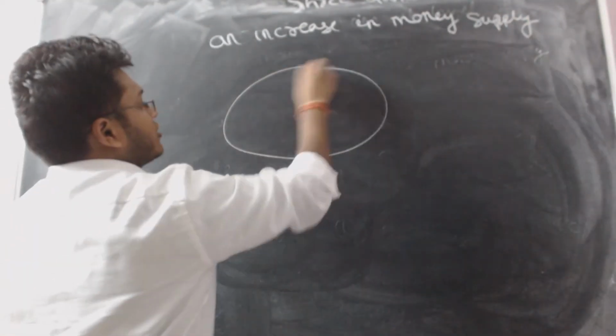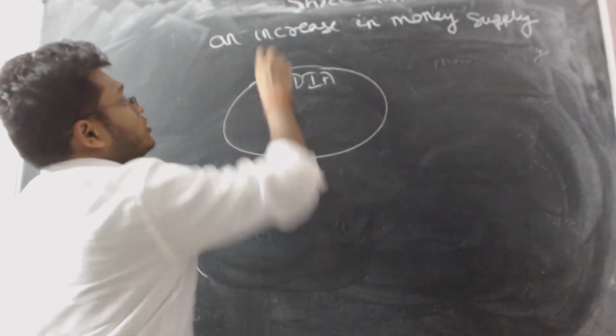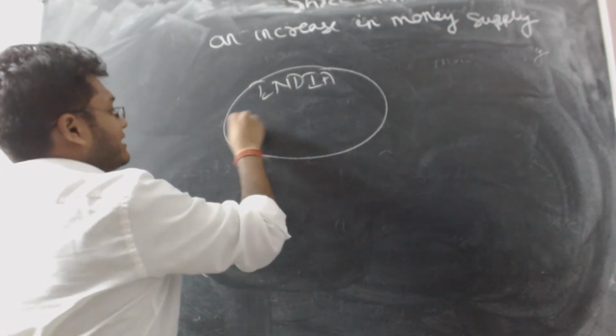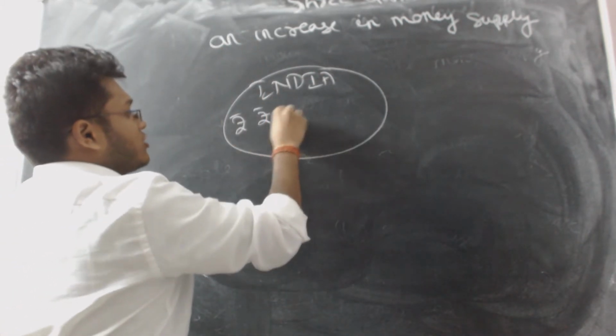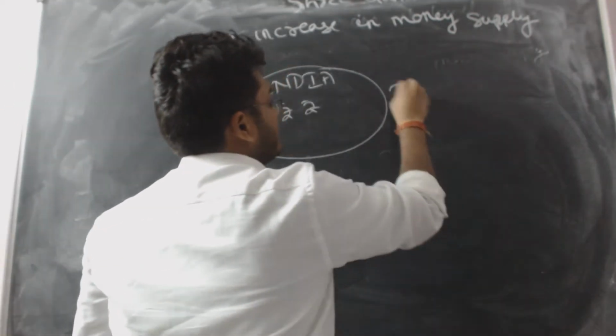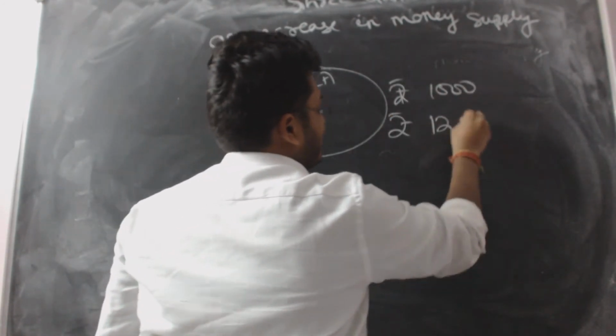Now suppose this is your economy, Indian economy. What the option is saying, there is an increase in the money supply. So what will happen? Certainly there are more rupees in the economy than earlier. Suppose if you have rupees 1000 with you, now you have rupees 1200 with you.